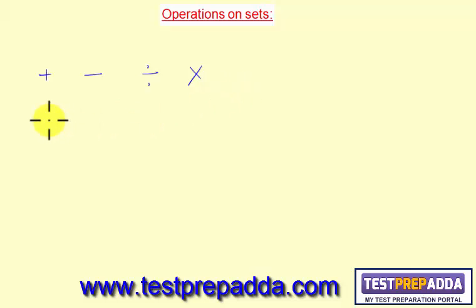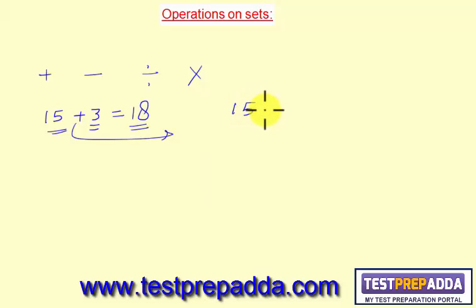For example, if I write 15 plus 3, I get 18. So this plus operator is operated on two numbers 15 and 3. And this way we get another number 18. Similarly another operator minus.